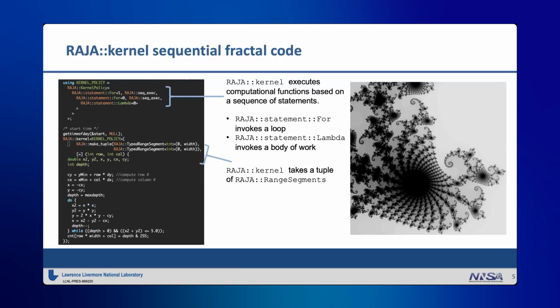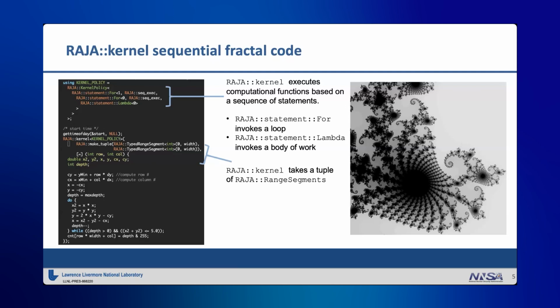So coming back to RAJA kernel, a sequential implementation of this would look like this. On the top part of the code, you have the execution policy. Basically, this describes how the loops are going to be executed. Kernel executes computational functions based on a sequence of statements.